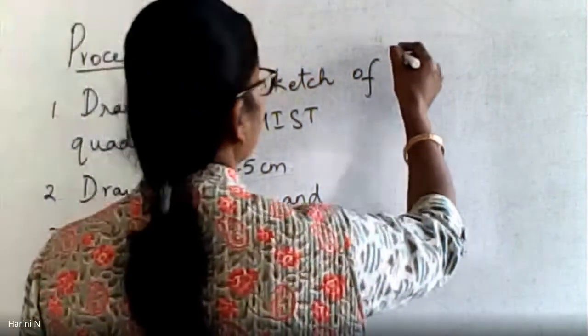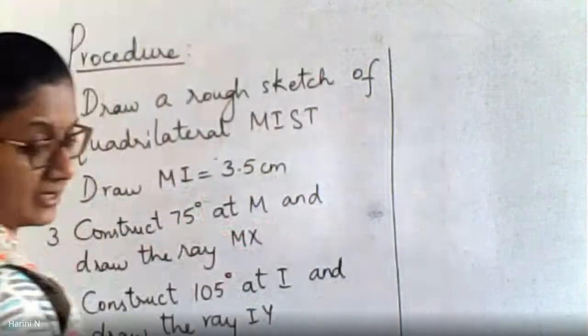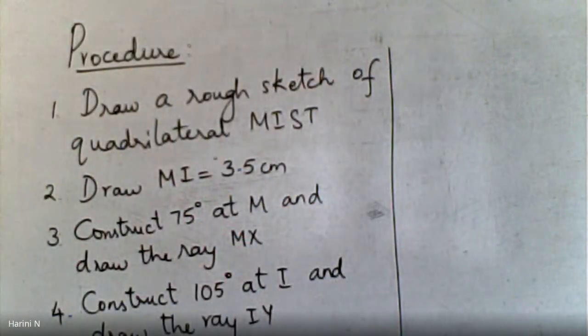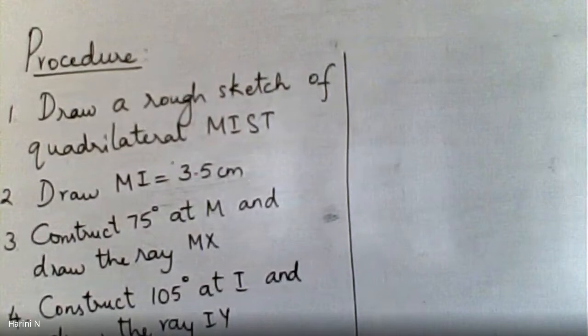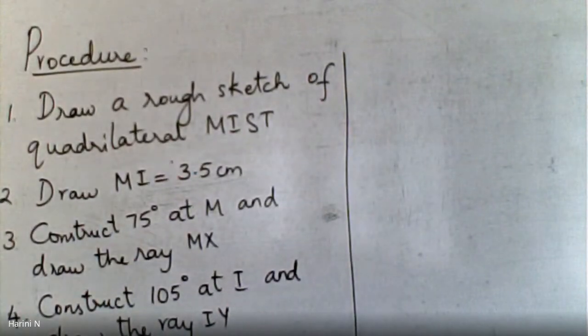Then what was the next step? After the two rays were ready, what did you do? Ma'am, with I as center and radius 6.5, cut an arc.